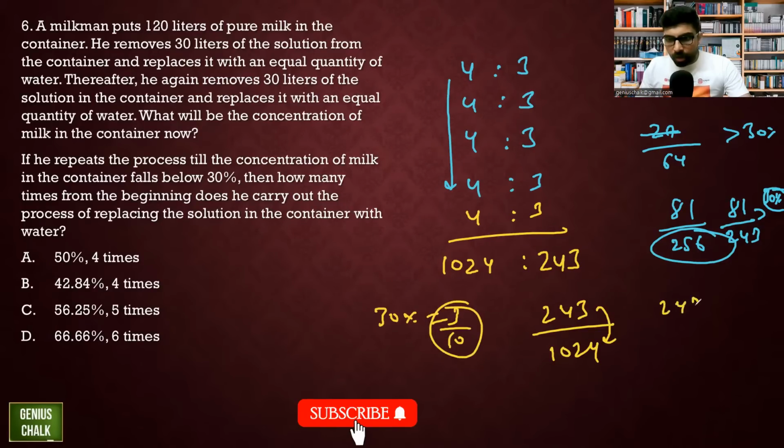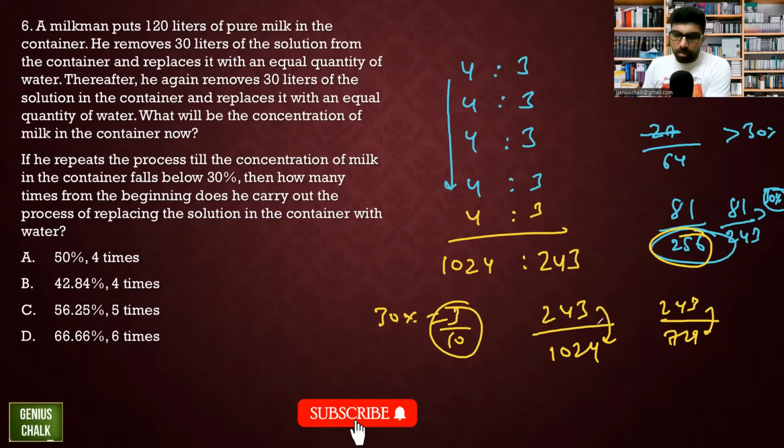So 243 into 10 compared with 1024 into 3, which is 3072. Yes, it is less than 30%. We have already checked the earlier ones, so those are more than 30%.